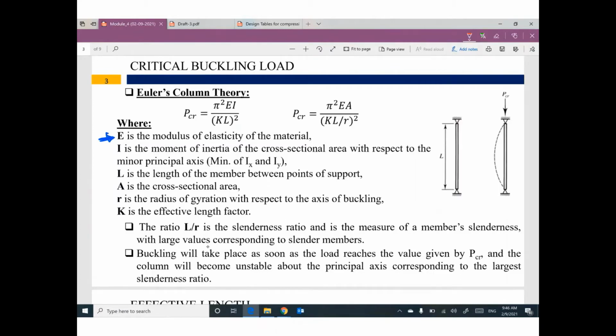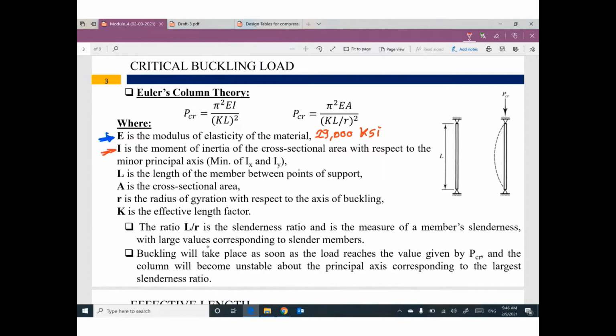E equals 29,000 ksi or 29 million psi. Please keep this number in your mind. E, Young's modulus of steel, because we are here in a steel structures course.